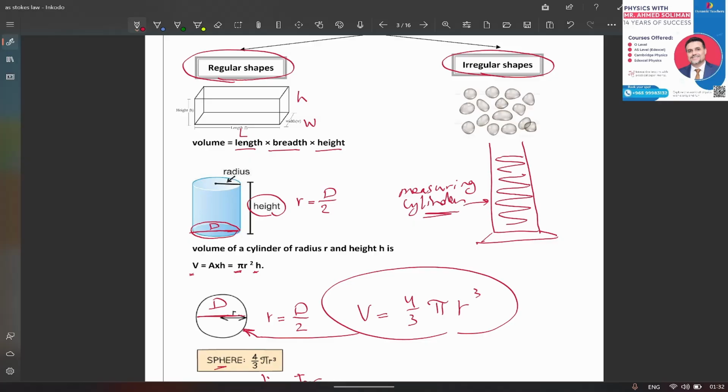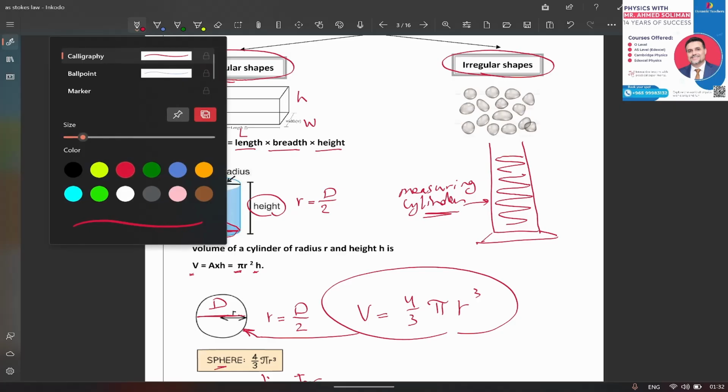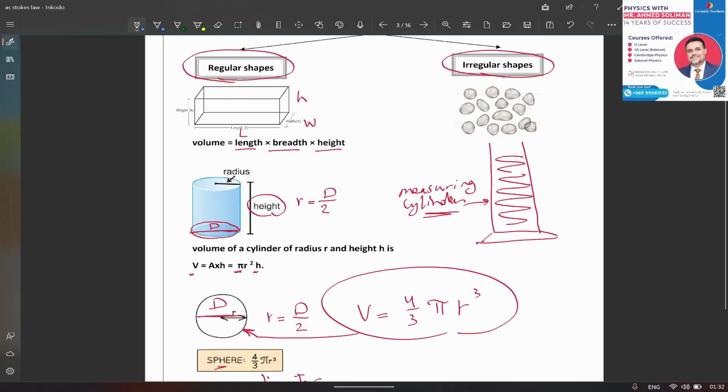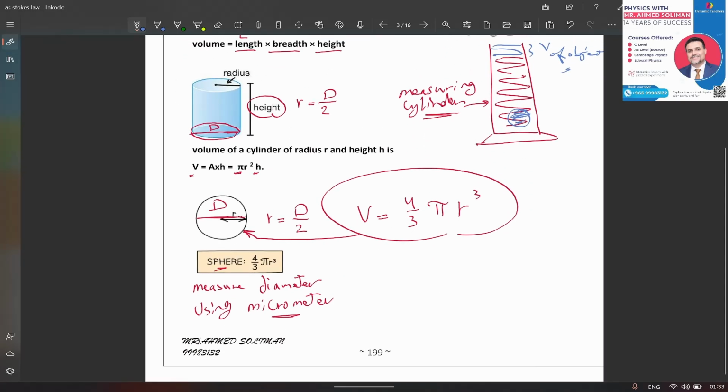You can place water inside the measuring cylinder, then add the object inside it. So what will happen to the water level? It will be higher. The difference will be the volume of the object. So this is how to find the volume of an irregular shape object, and you also took it before in IGCSE. Now let's move to the next.